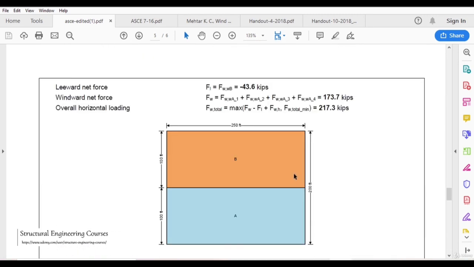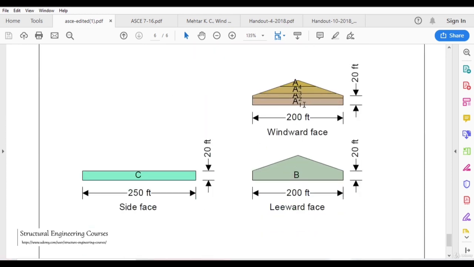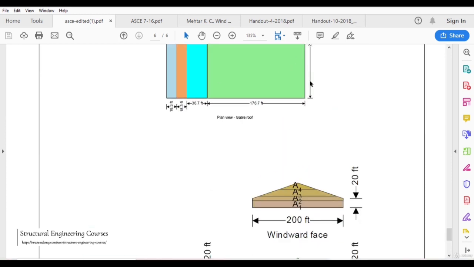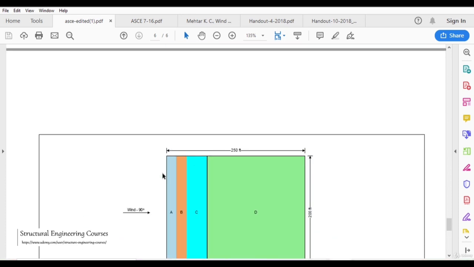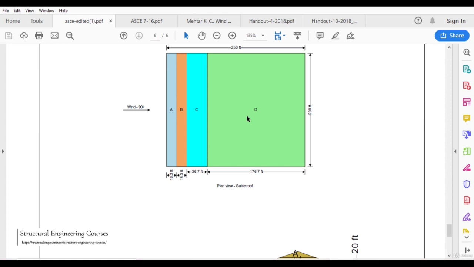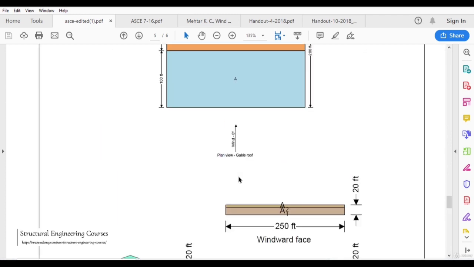If we refer to the table here, this is the A side, that is the windward face, this is the leeward face, that is B, and these two are the side faces, that is C and D. Our arrangement is on C and D as the wind force is perpendicular to that, so we need to refer to the C and D loading arrangement only.